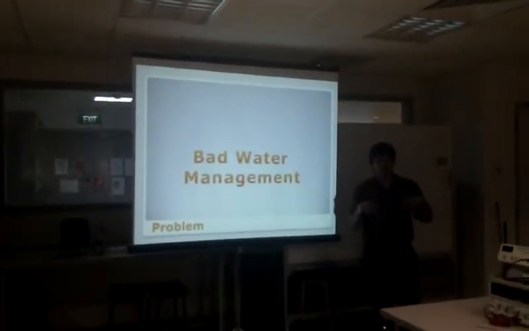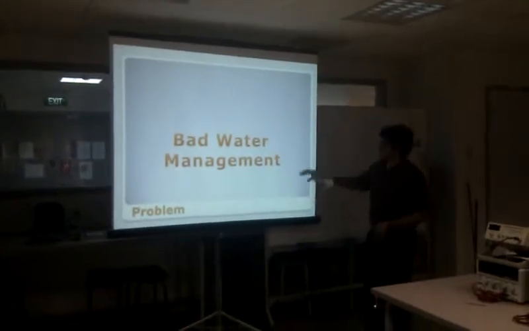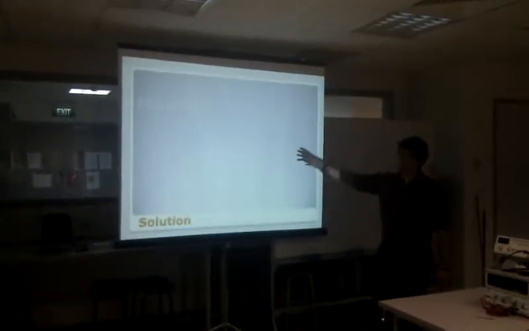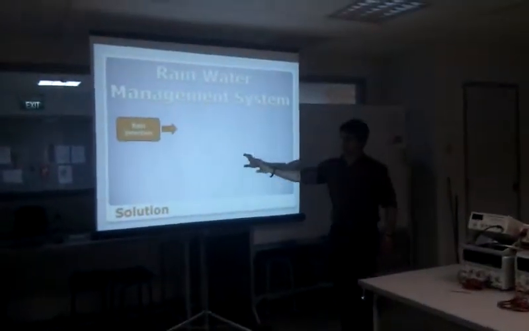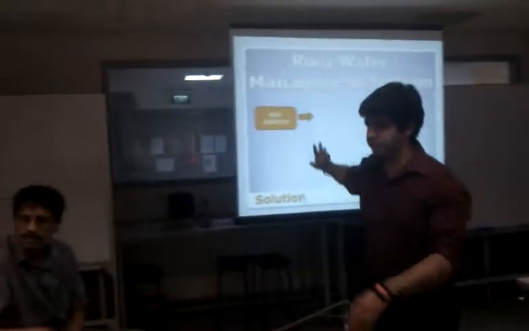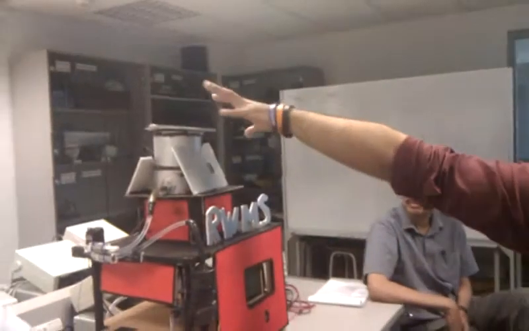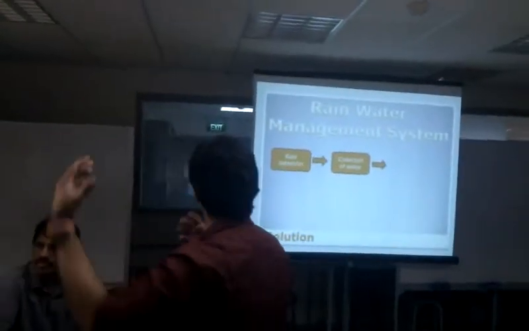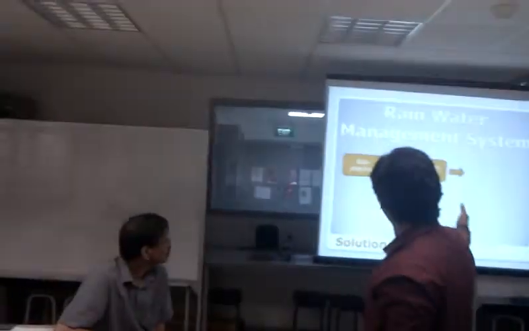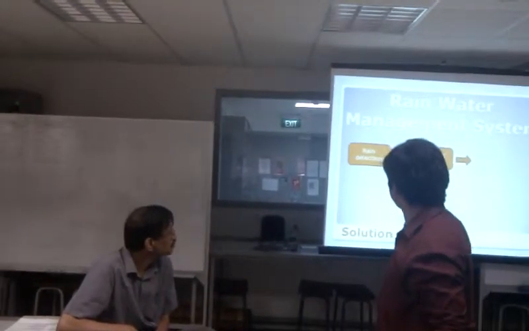So the solution, we call it the Rainwater Management System, RWMS, which may be misinterpreted as Resorts World Sentosa. The system works very simply. There is a rain detection mechanism which senses rain on the roof. Then there is collection of water. If there is rain, the lid will open and the water will be collected. Then, once the water is collected and at a certain time, the water is smartly allocated around the house according to the user's needs.